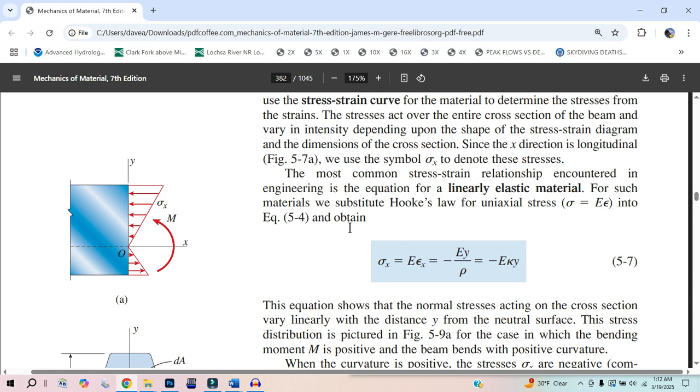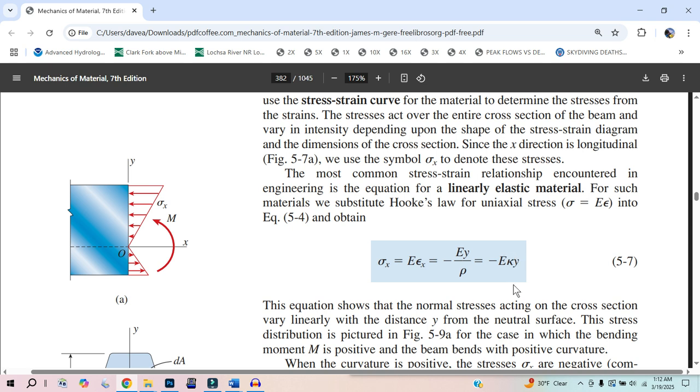Even the negative sign plays a role. If I throw in a positive y value, and the moment is positive, and the moment of inertia, the second moment of area of the beam, is a positive value, then again, moment is positive, y is positive, I is positive.